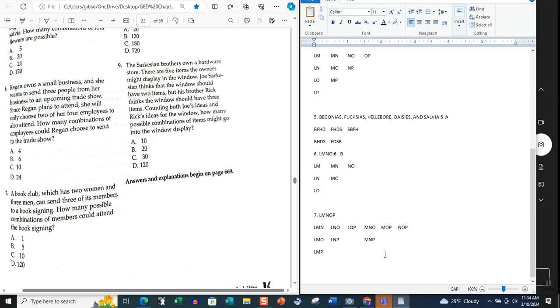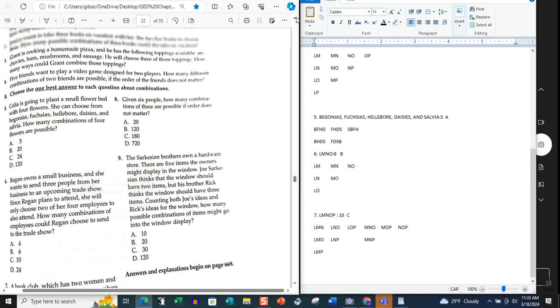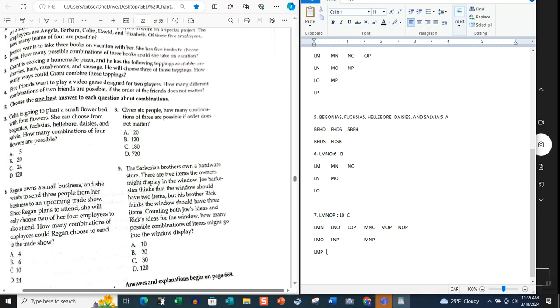It's still 10, and those are the combinations of possible members of the book club you could send. So your answer here would be 10, and then our letter would be C. Sometimes you have to look around a little bit to see if the questions are basically the same, so you don't have to reinvent the wheel.